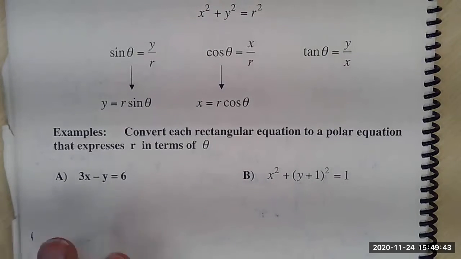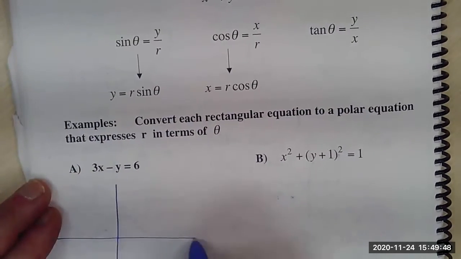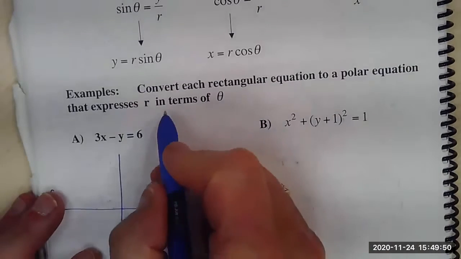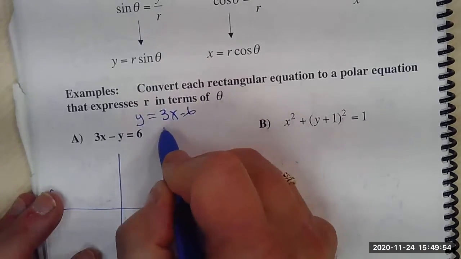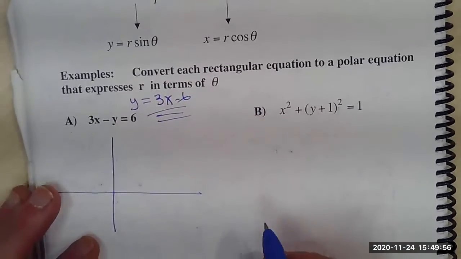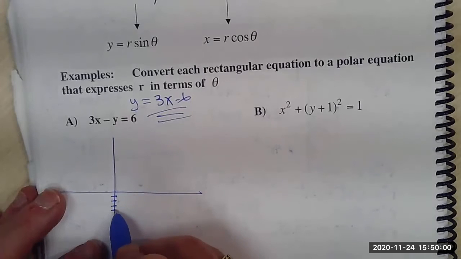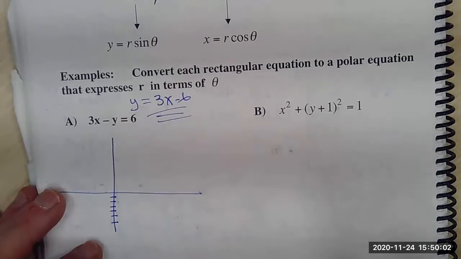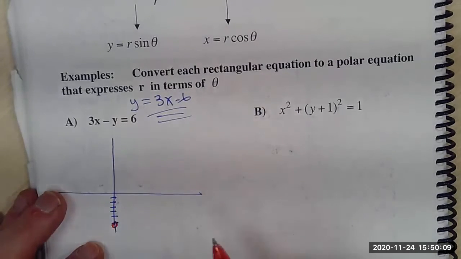Let's do this. I know how to make the line here by doing the following. I'm going to make it y equals 3x subtract 6. So the old algebra says find the y-intercept first, which is 1, 2, 3, 4, 5, 6. Put a dot right here. And then the slope is 3 over 1.